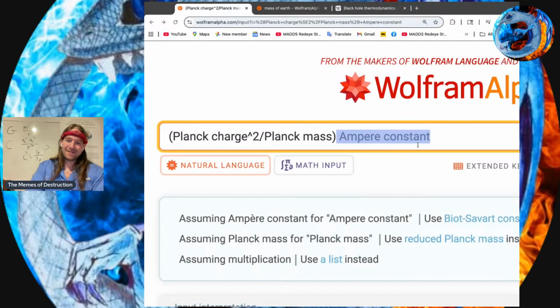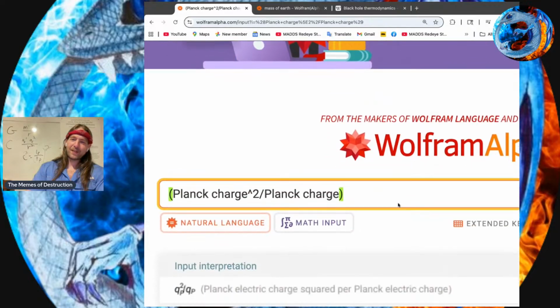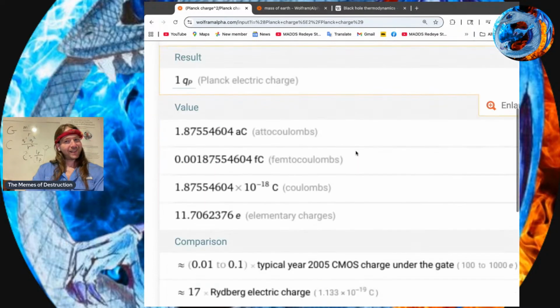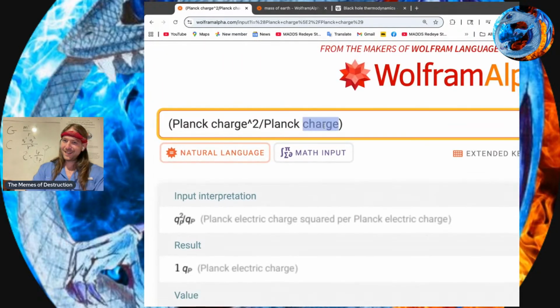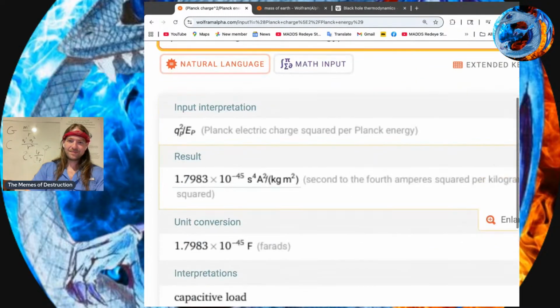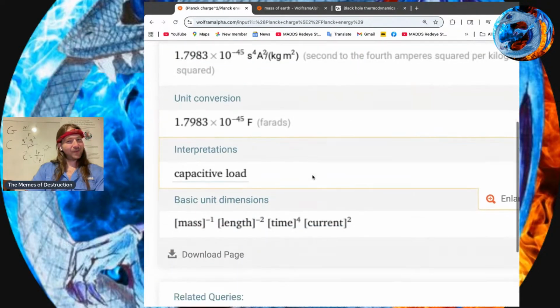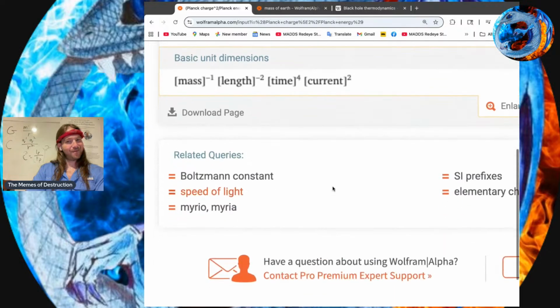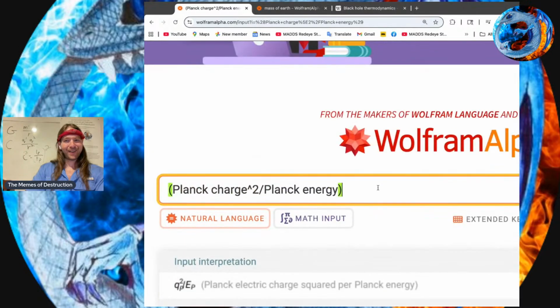Now, you could do temperature, but the problem with temperature is it doesn't really do anything until you express it in energy. And then if you just do energy, you start getting capacitive load and everything. And this is basically where the end of my knowledge comes from.